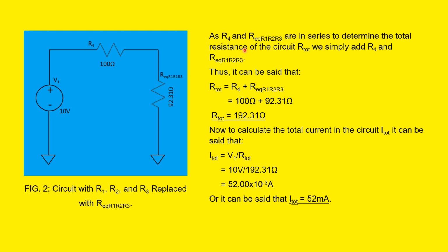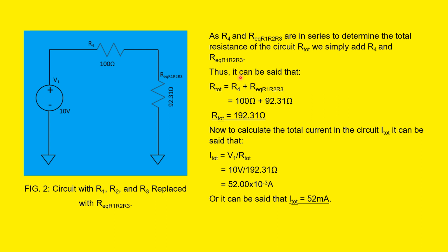Now we can calculate the total resistance of the whole of the circuit as R4 and R equivalent R1, R2, R3 are in series. We can calculate the total resistance by simply adding R4 and R equivalent R1, R2, R3.